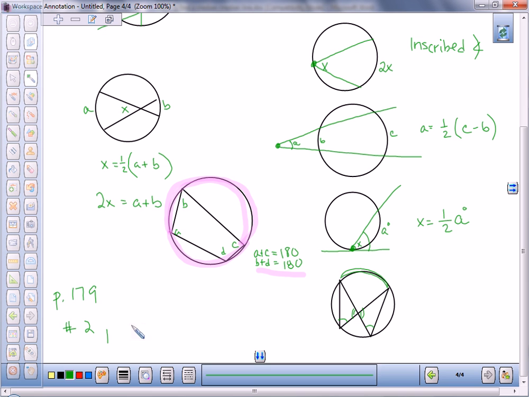Three and 4. Let's do a little bit more. Let's just do 2 through 8. The reason I'm doing so many is because you haven't done this since last year.